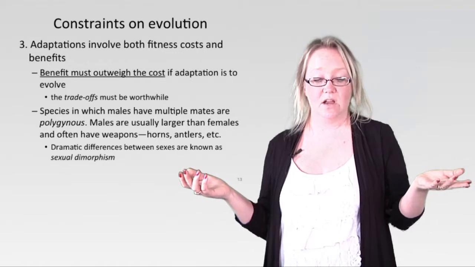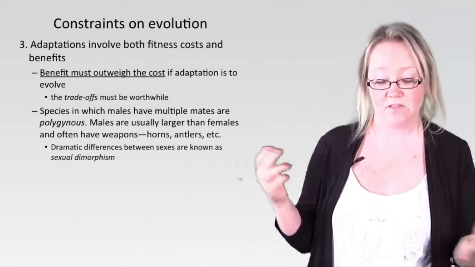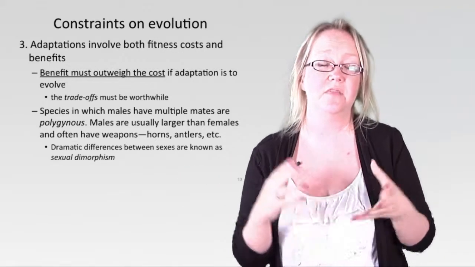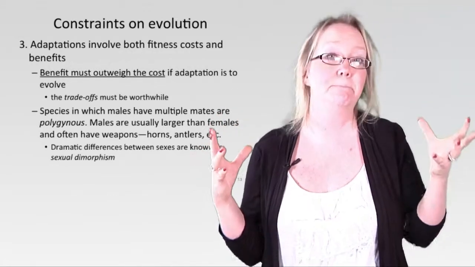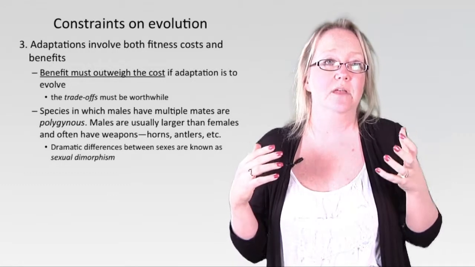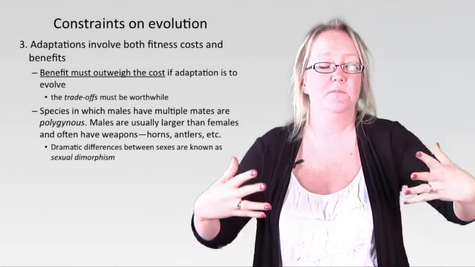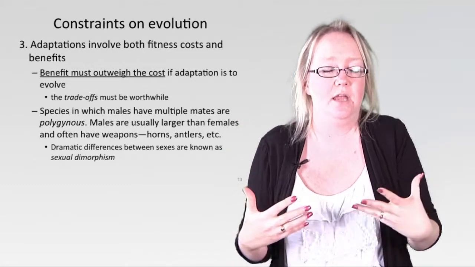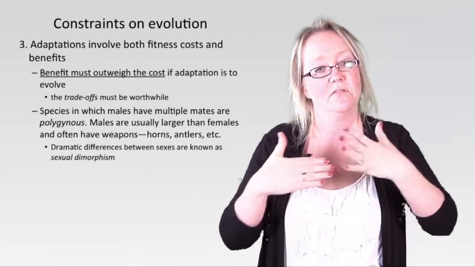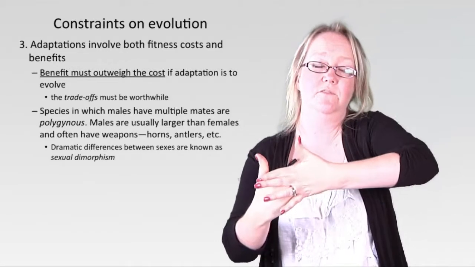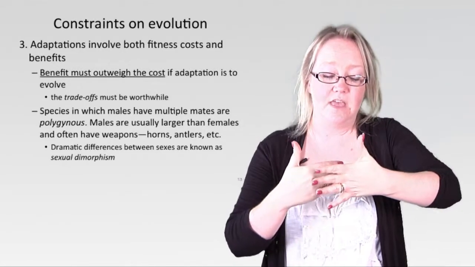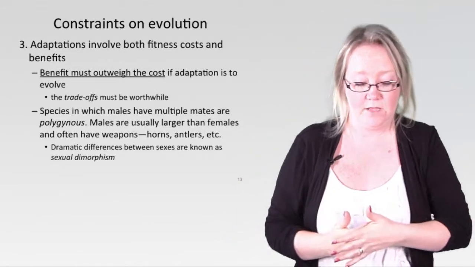Males are selected to be larger, and they often have weapons, horns, antlers, etc., things that are going to allow them to compete with fellow males better. So things that make them tough. Females don't need to have things like this generally, because generally females are not competing physically, at least. We're going to look at female-female competition, and they are competing, but they're competing differently.